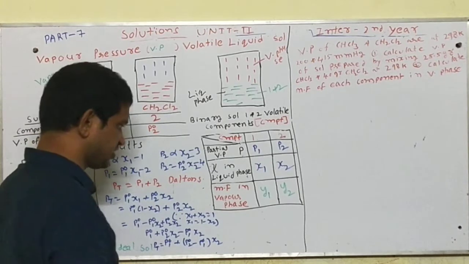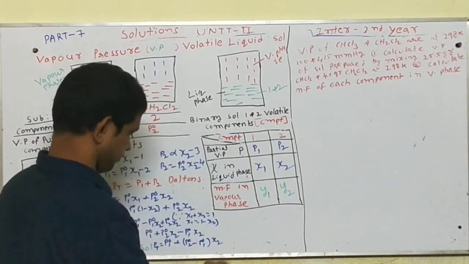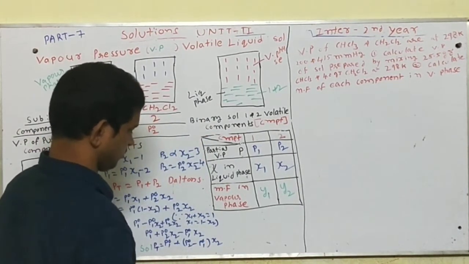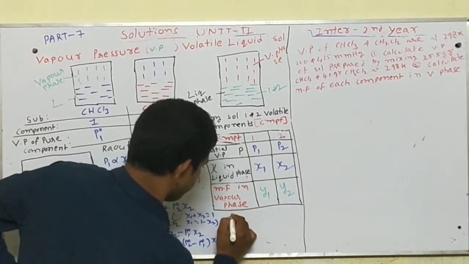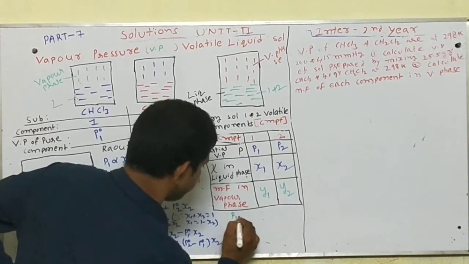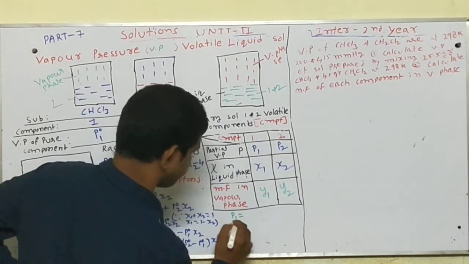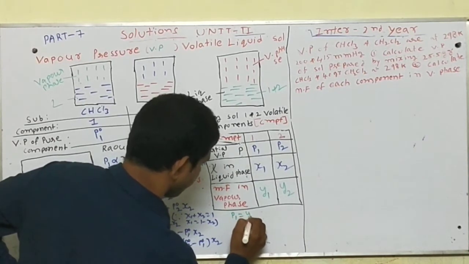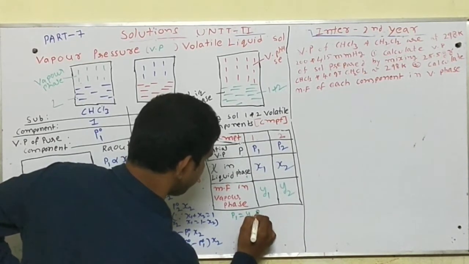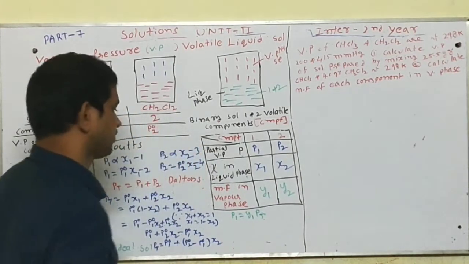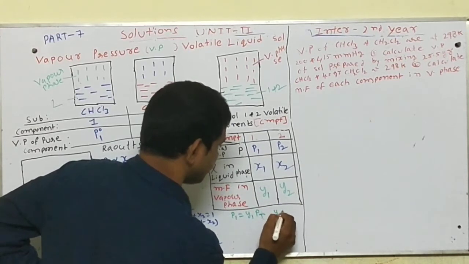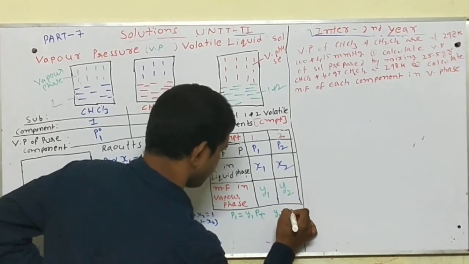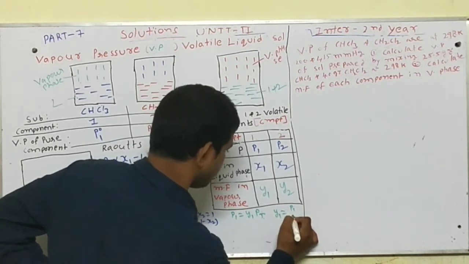again from Dalton's law of partial pressures. We know that P1 is equals to Y1 Pt. We can rearrange, Y1 is equals to P1 by Pt.